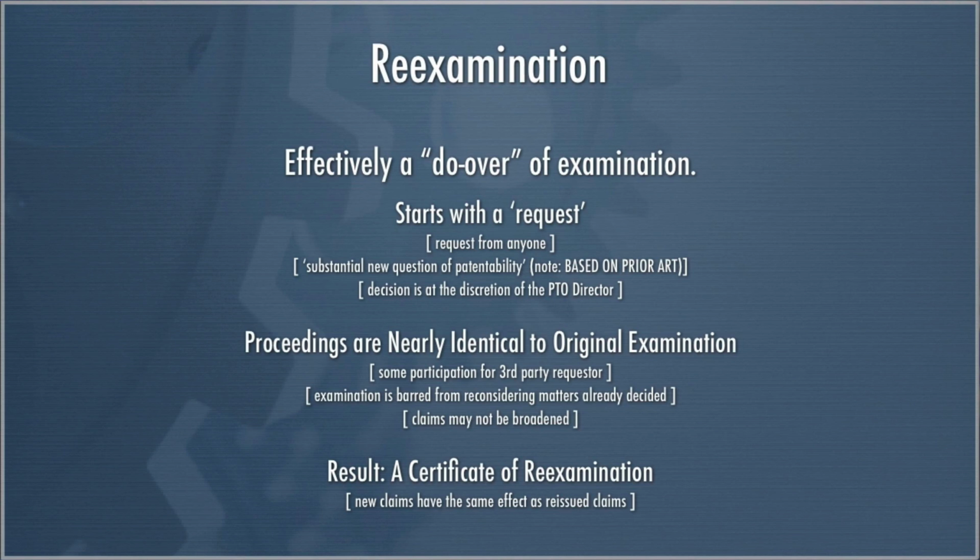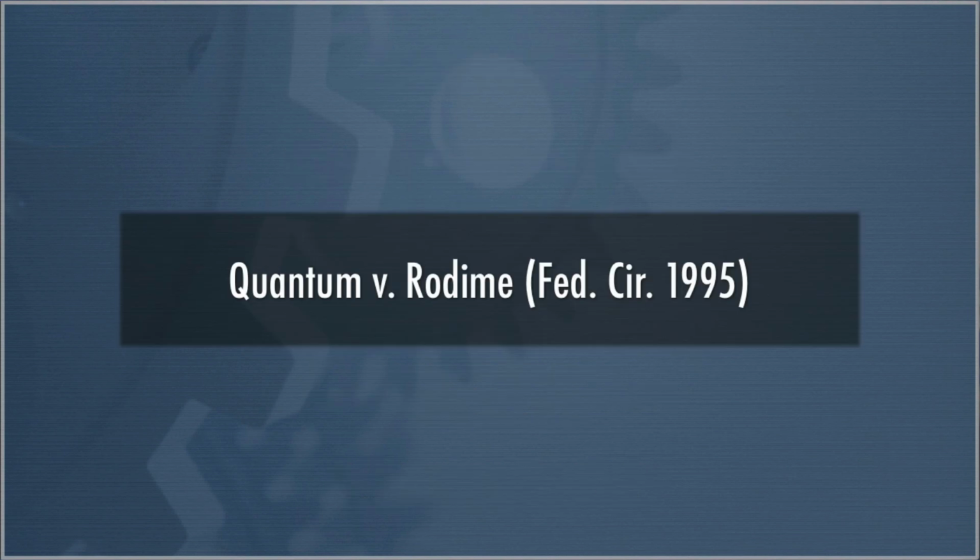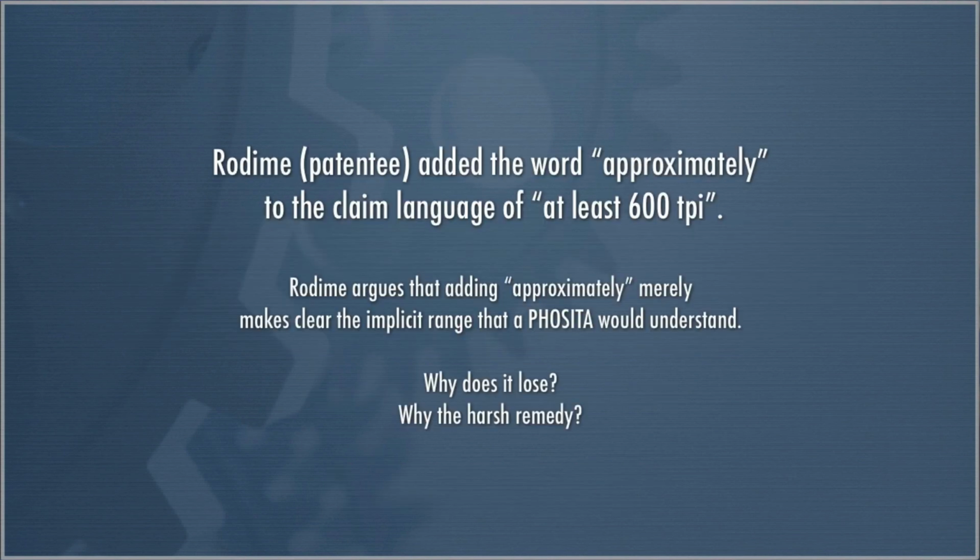And they get the rest of the patent term that's still due to the patent. Right? So that's the basics of reexam. Quantum versus Rodime deals with a case where the question is, as you might imagine, tricky as to what we mean by broadening a claim.